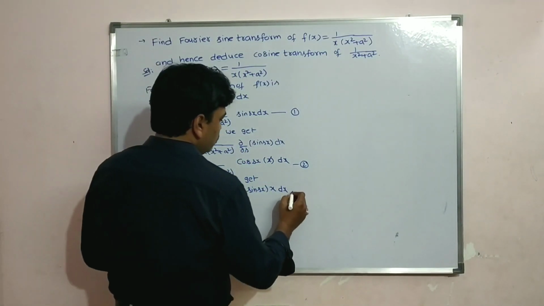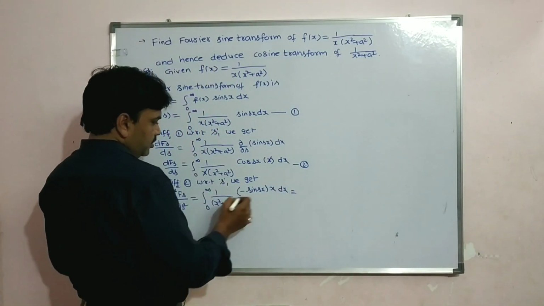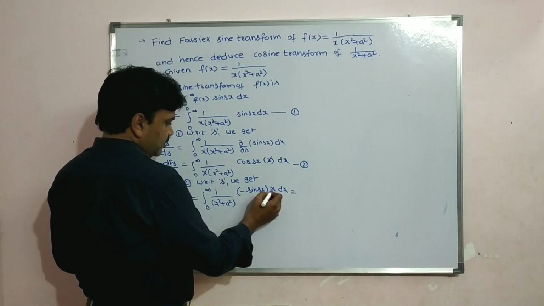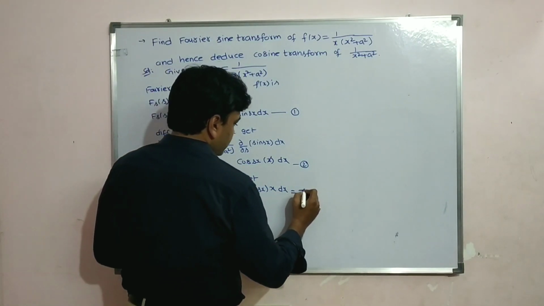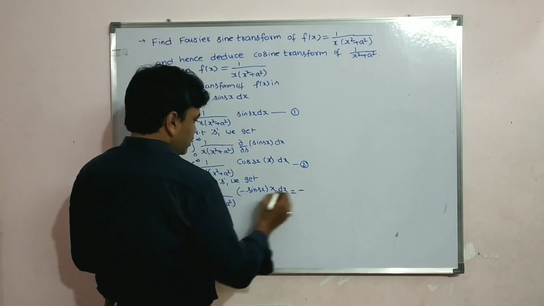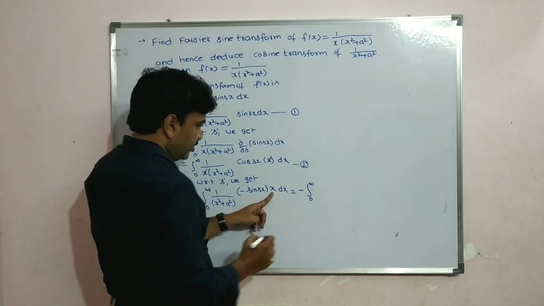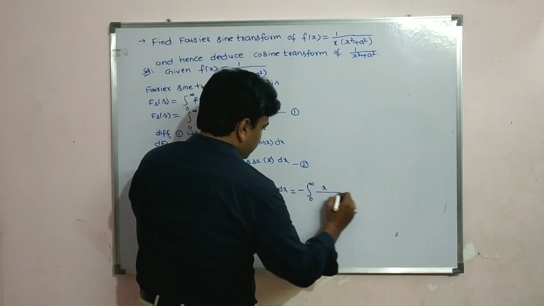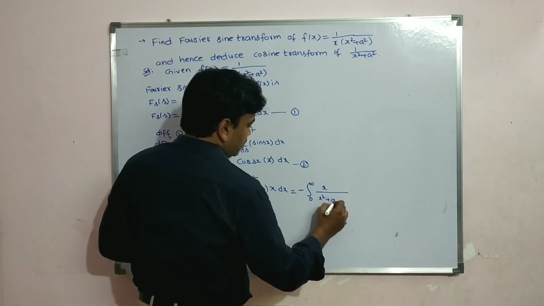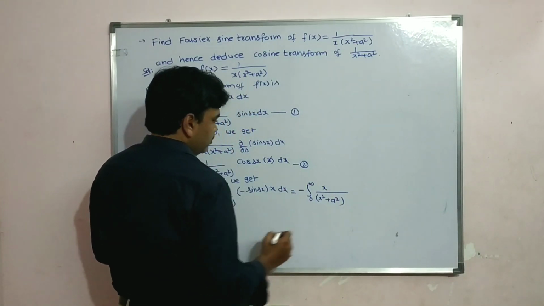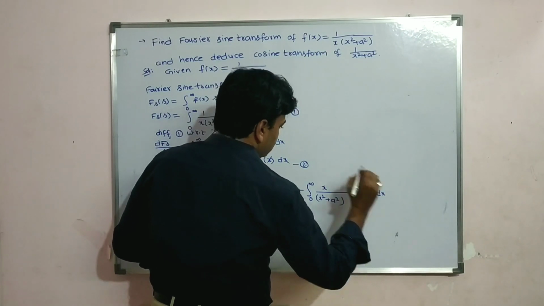So students, we have x here. I want to rearrange the terms. So minus, we write outside, integral 0 to infinity, x divided by x square plus a square into sin sx dx.